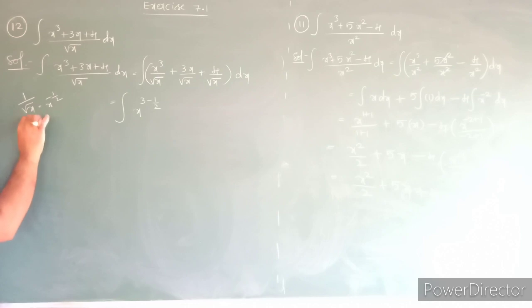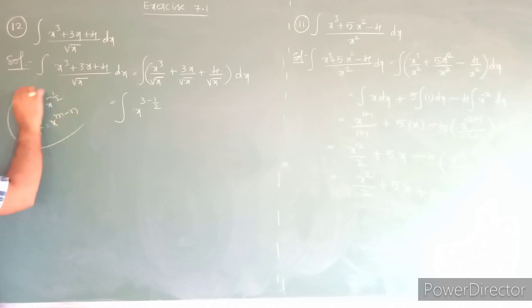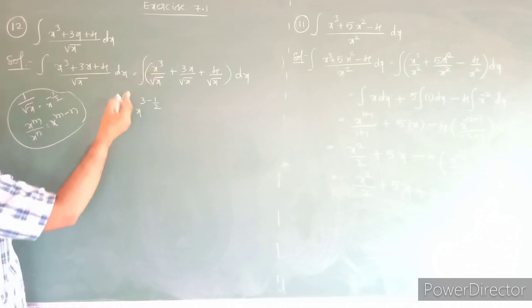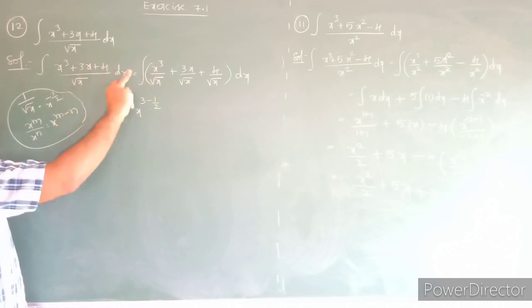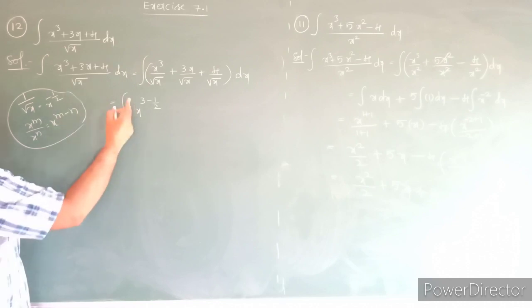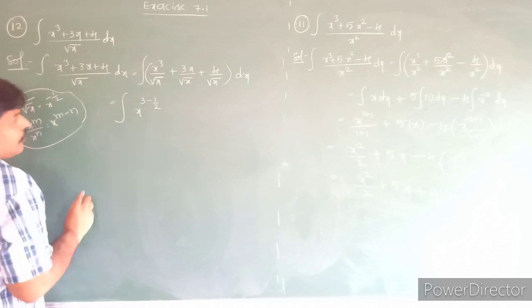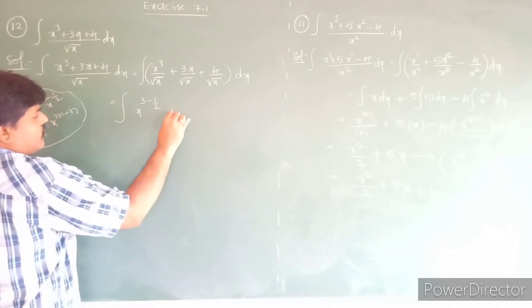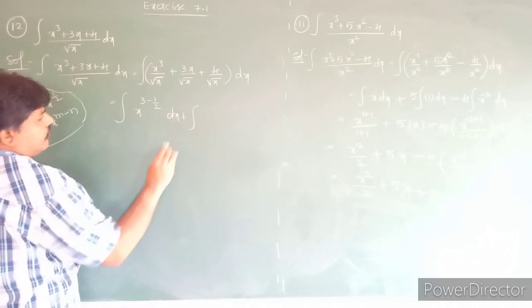Because x power m by x power n becomes x power m minus n. Understand that? So 1 by root x is nothing but x power minus 1 by 2. So if you multiply x cube into x power minus 1 by 2, it will become x power 3 minus 1 by 2.